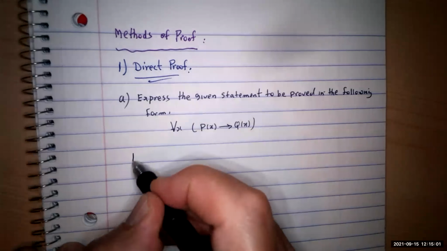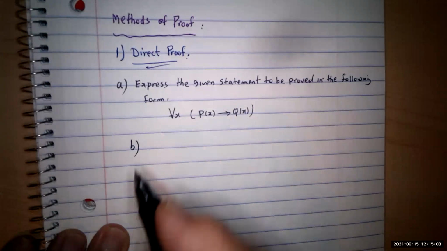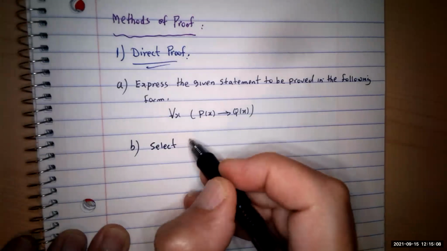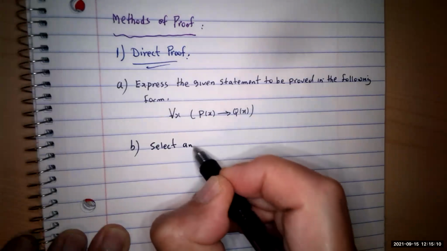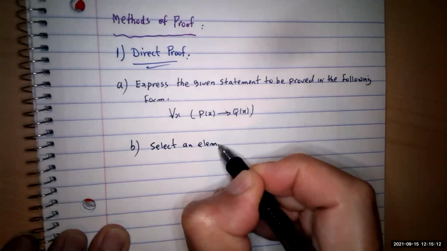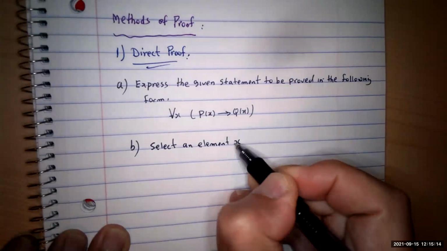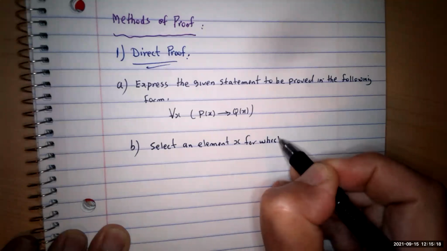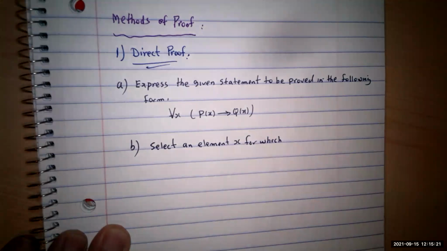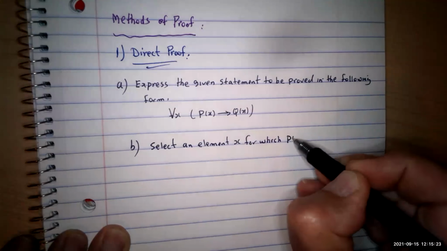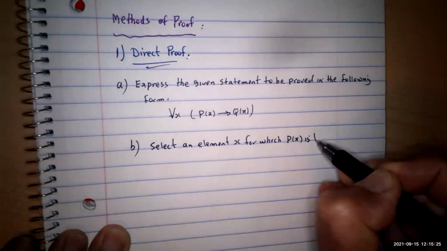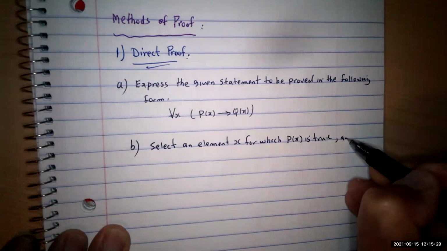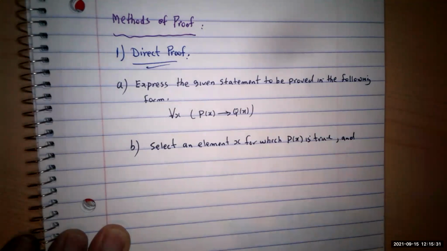So part 2 is going to be: select an element x for which p(x) is true. You assume this.